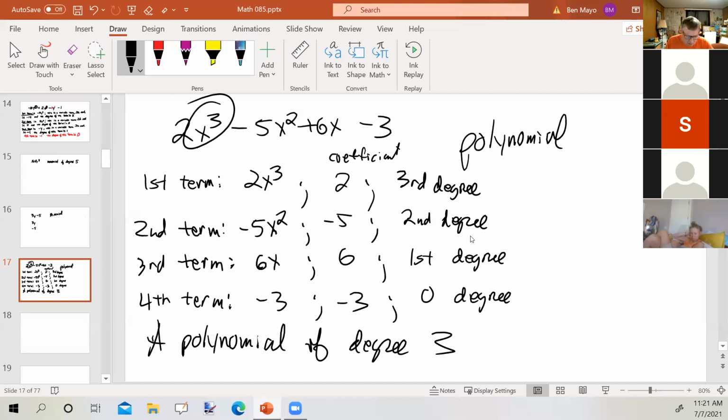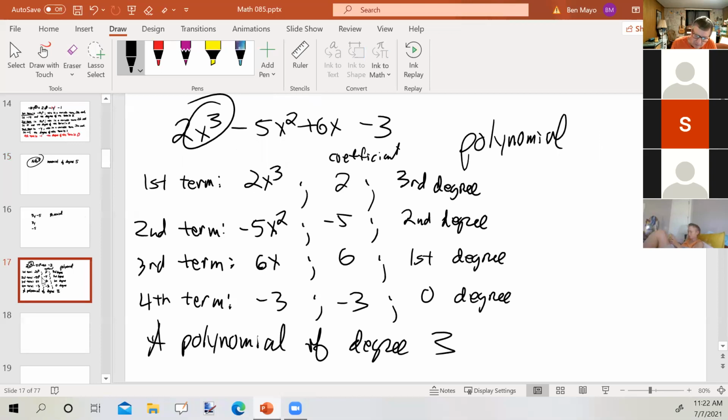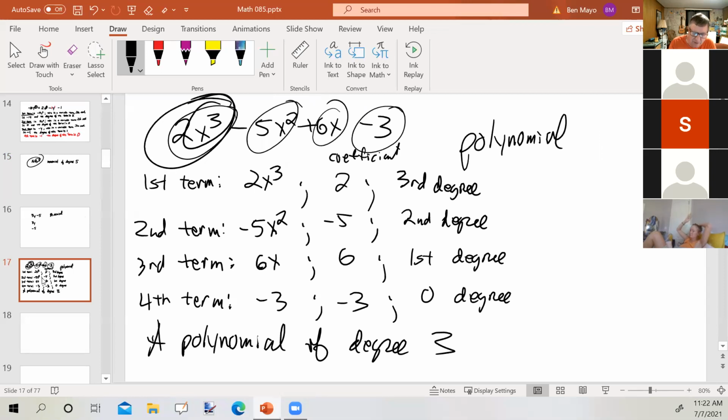If you're finding, let's go back to this one. This is a single term, so the degree of the term would be 5. The degree of the monomial would also be 5. Okay, but here, the degree of this term is 3, this term is 2, this term is 1, this term is 0, but the degree of the entire polynomial is the same as the degree of the highest powered term.